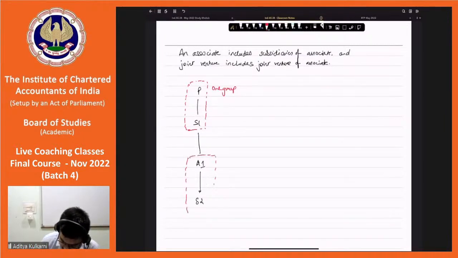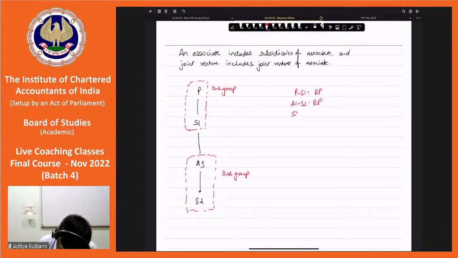Can I say that A1 and S2 are also one group? Yes, they are. So therefore, now let us understand the relationship. P and S1 are related parties, obviously, by virtue of clause 1. Parent and subsidiary is related to each other. Likewise, A1 and S2 are related parties.